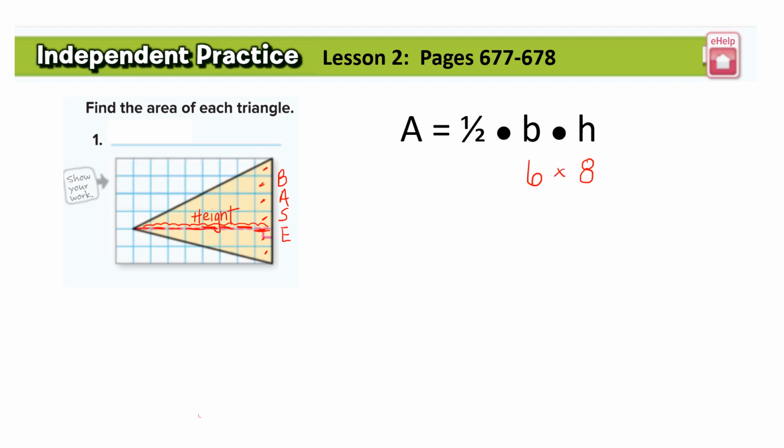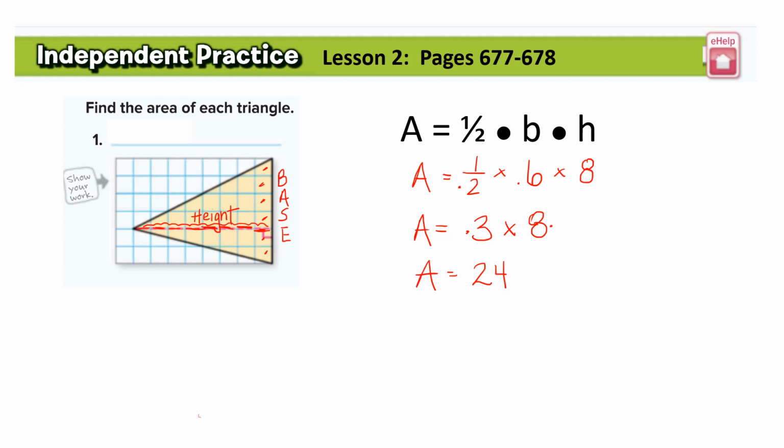Now I am going to multiply. 1/2 times 6 equals 3. 3 times 8 equals 24.